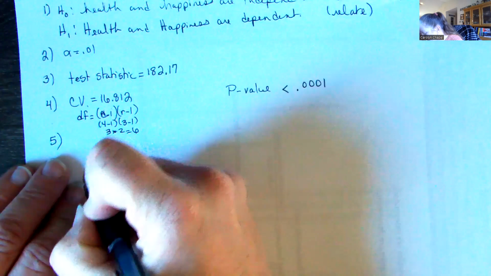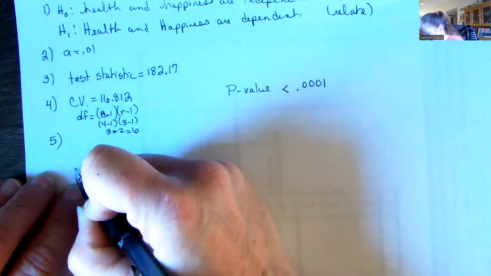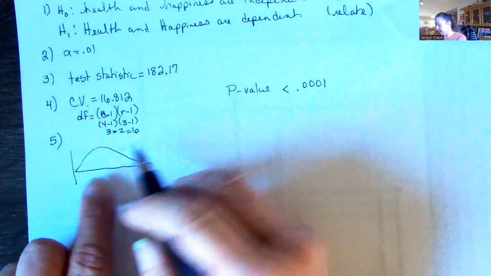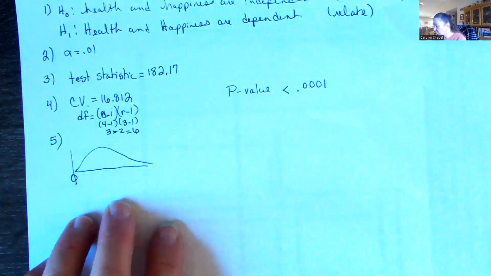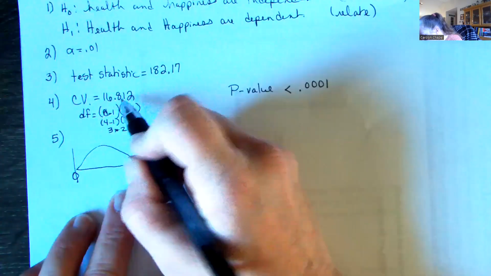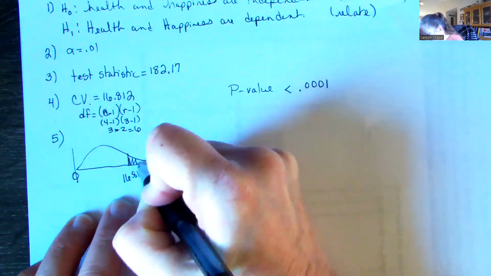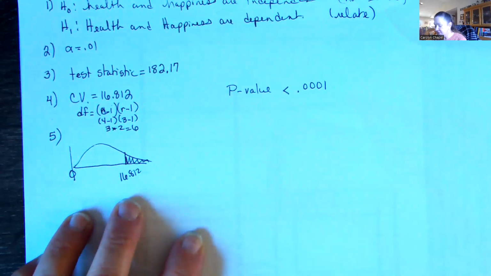So if I were making a decision based on the test value with that critical value, remembering our chi-squared is some sort of curve that starts at 0-ish and goes just to the right. Our critical value here was 16.812. That sets up our rejection region or our critical region.